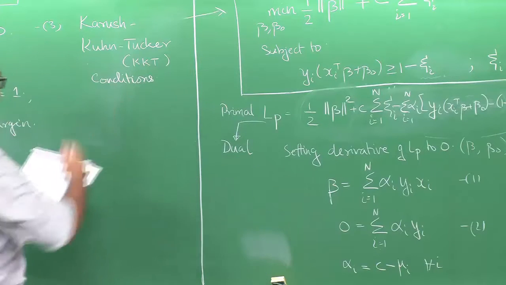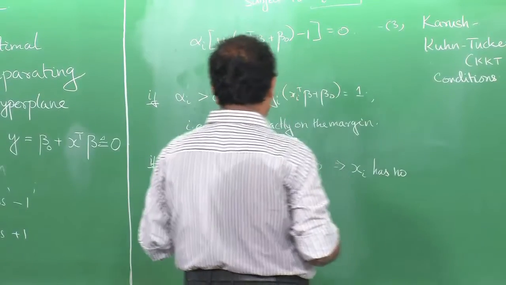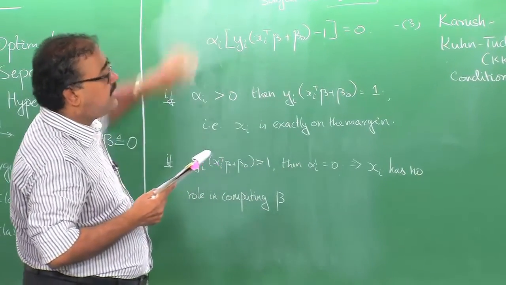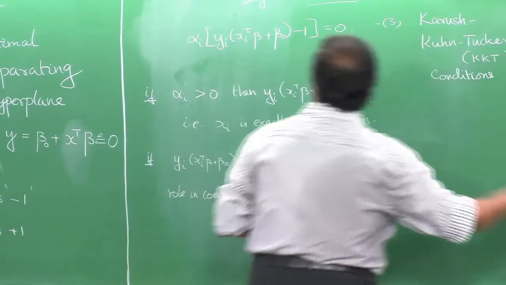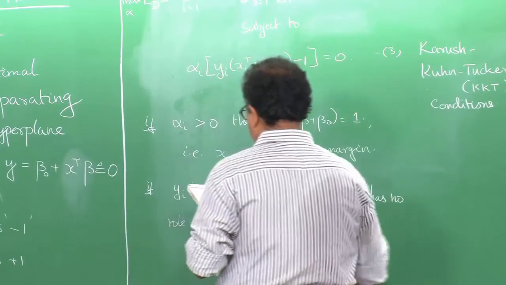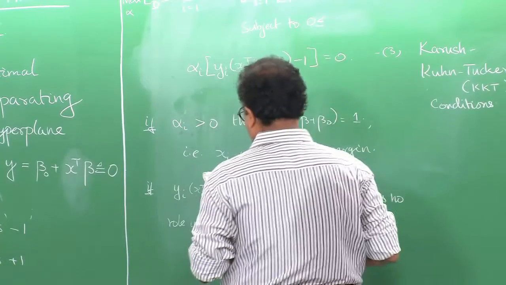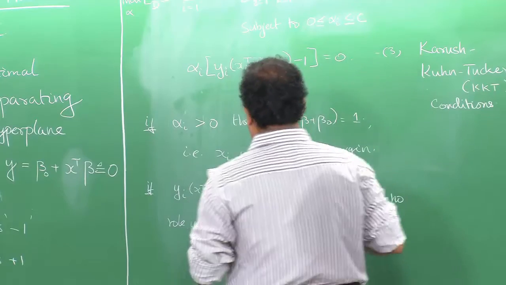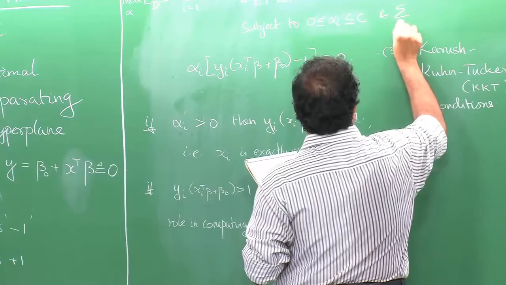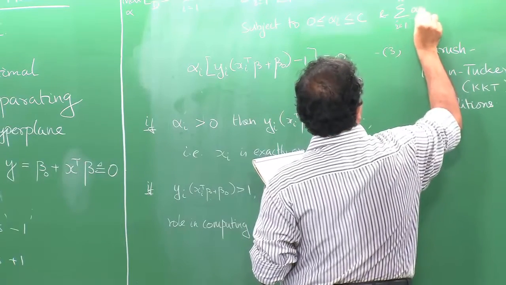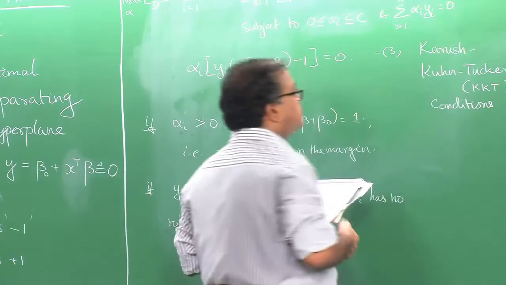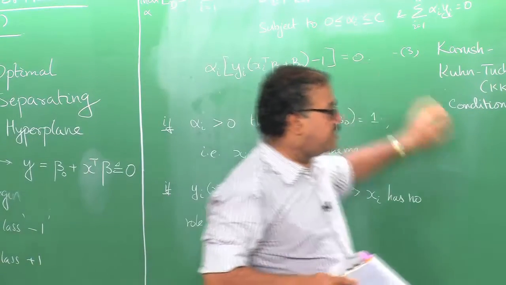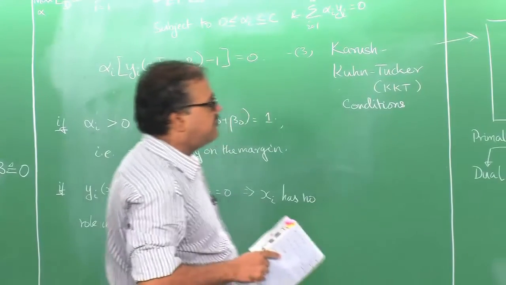So, I can put everything back into the primal, do some algebra and derive my dual, which turns out to look exactly like this, except that my alpha has to lie between 0 and C, which you can actually see from that condition that we have there.